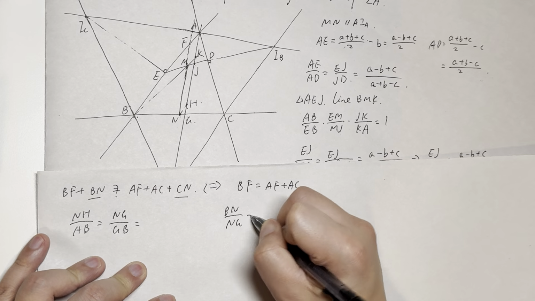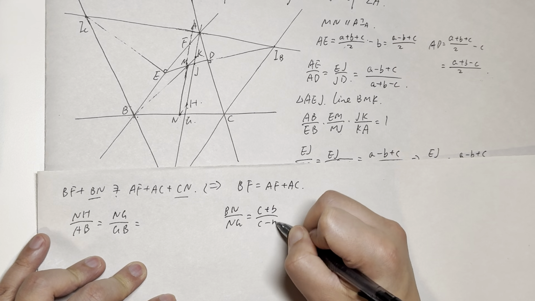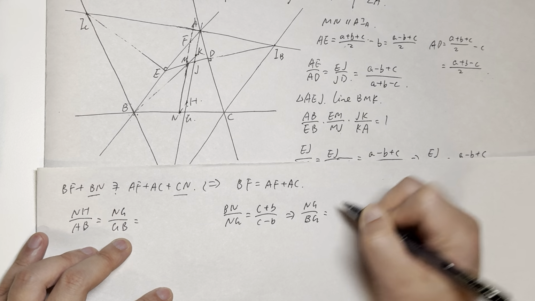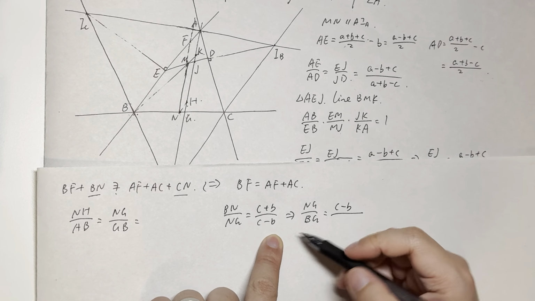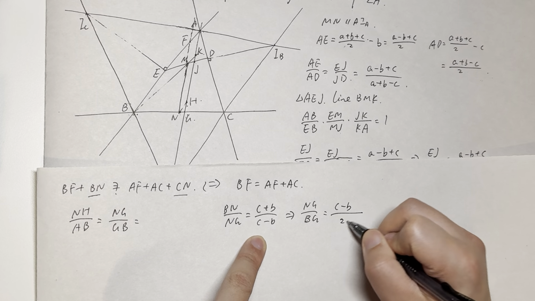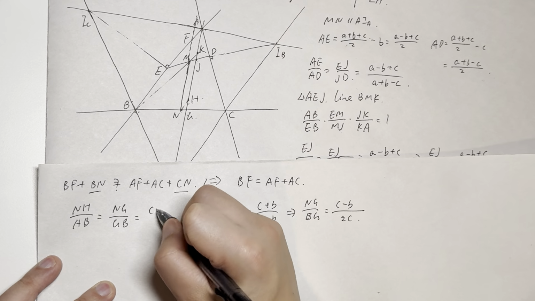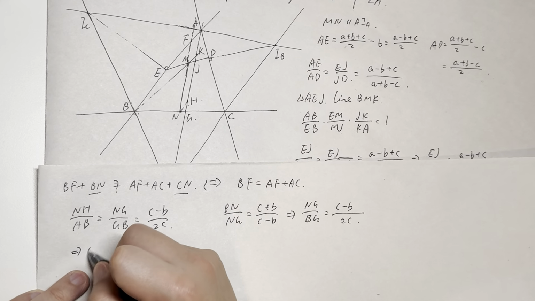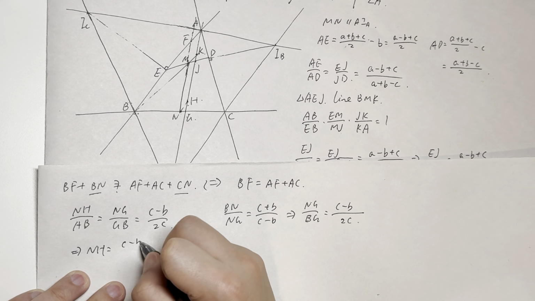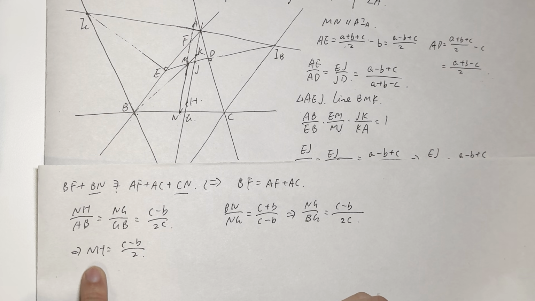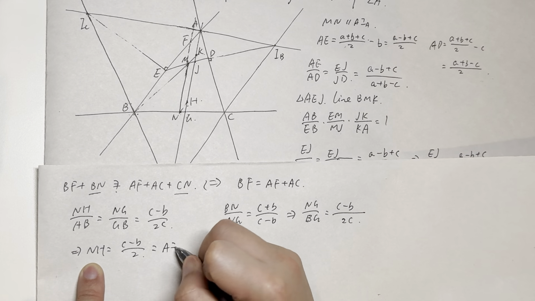Which we got that NG to BG equals C minus B to, what is BG? BG is BN plus NG, right? So these two add together is 2C. So it equals C minus B to 2C. Right, that means NH equals C minus B divided by 2, because AB equals C. So that cancels. So we got the length of NH, which is AF.